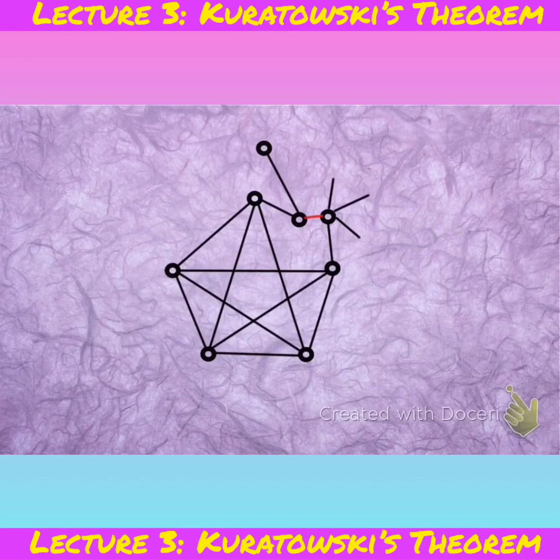Essentially, we delete the red edge and merge those two vertices into one. Those two vertices have unshared edges, and those unshared edges become the new incident edges of the new vertex that you formed.